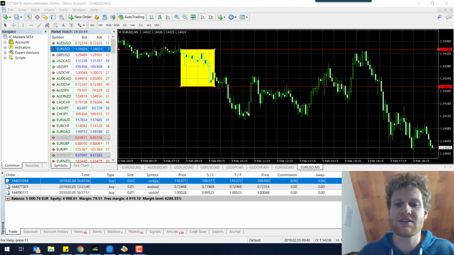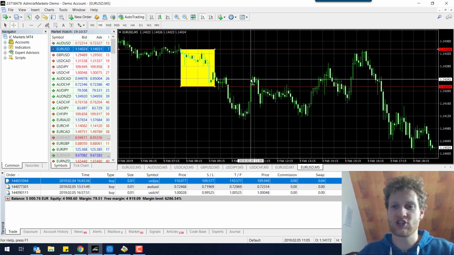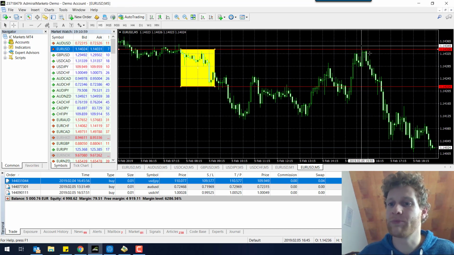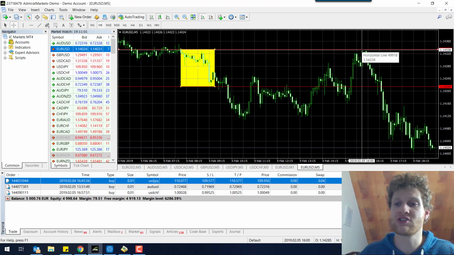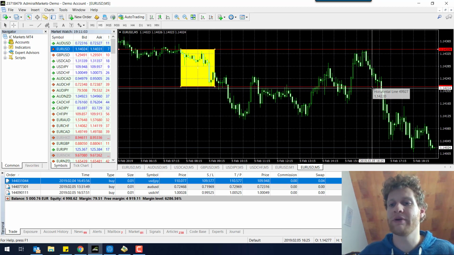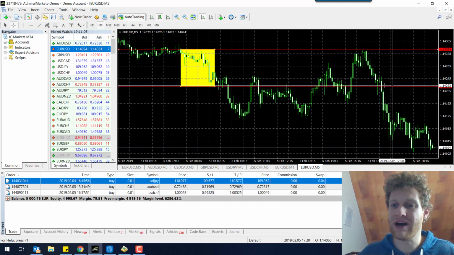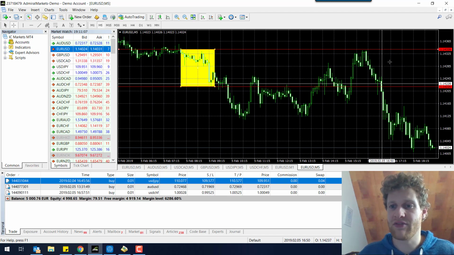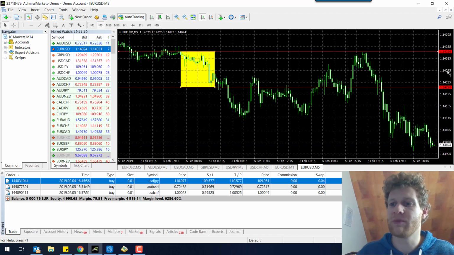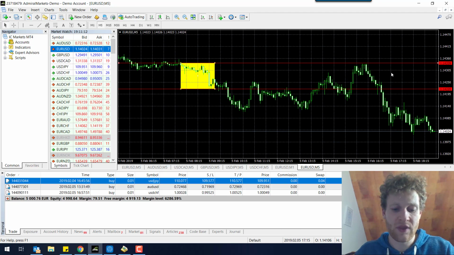There could be several other scenarios, like what I just mentioned. We could have been stopped out here and enter another buy position with another stop at the lower bound of this rectangle, and then we would just close this buy position at 18:30.